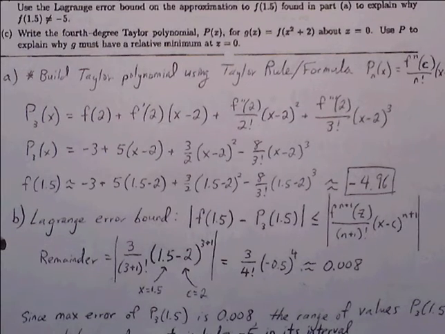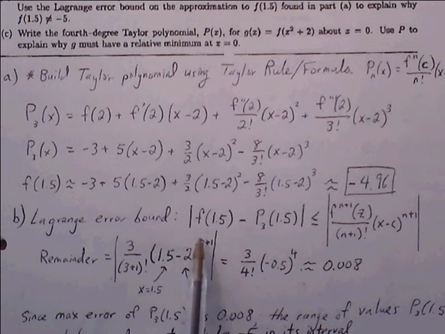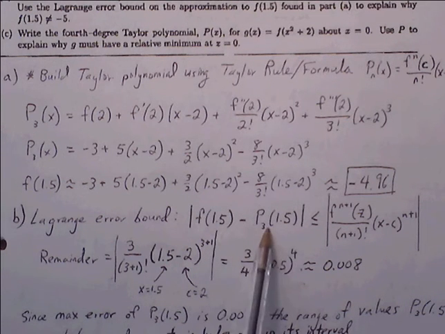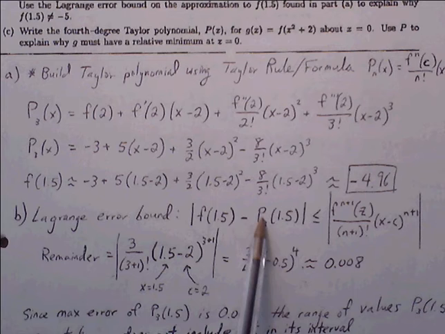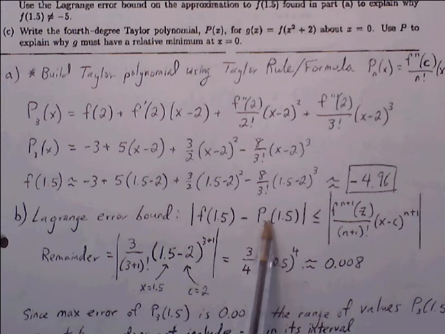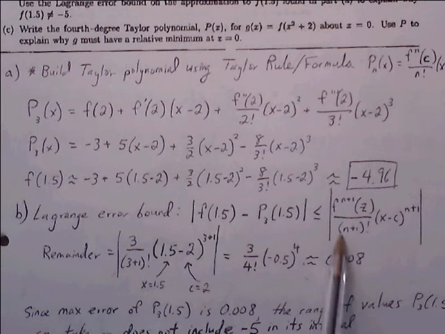So what the Lagrange error bound tells us about is the maximum error. Just as a review here, we know that the difference between the actual value of the function at 1.5 and the polynomial approximation at 1.5 is off by no more than this remainder value.